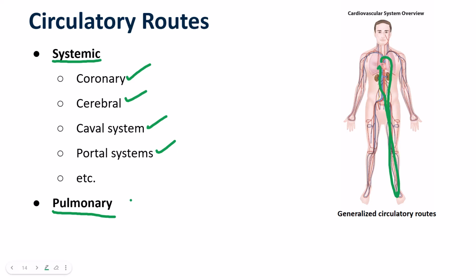Pulmonary circulation is when we send blood from the heart to the lungs and back to the heart again. Pulmonary circulation is all about gas exchange with the lungs, whereas systemic circulation is many other things, but it's predominantly gas exchange with metabolically active tissues and other exchanges as well.